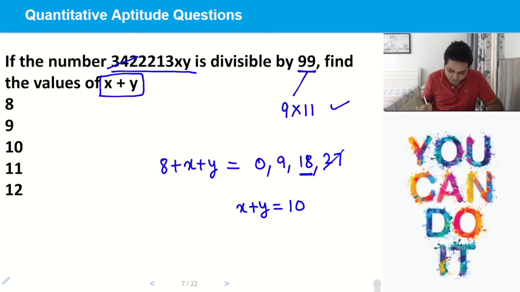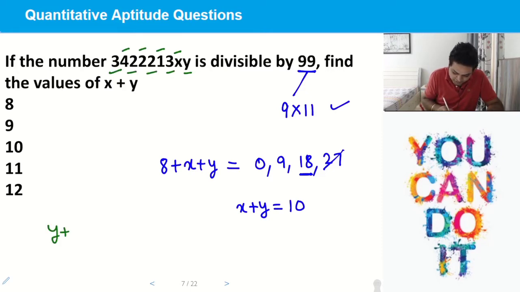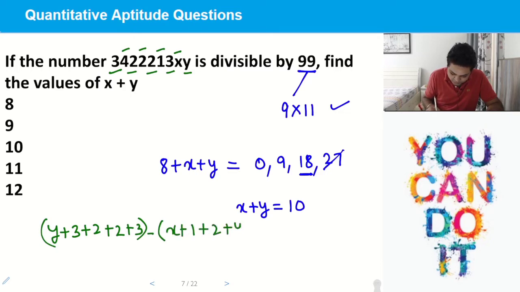So in case of 11, if I mark them as odd and even digits: odd, even, odd, even, odd, even, odd, even and odd, that is y plus 3 plus 2 plus 2 plus 3 minus x plus 1 plus 2 plus 4.